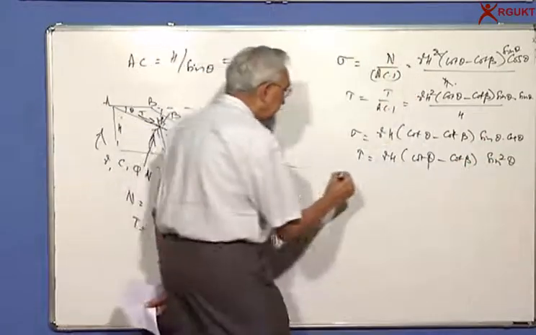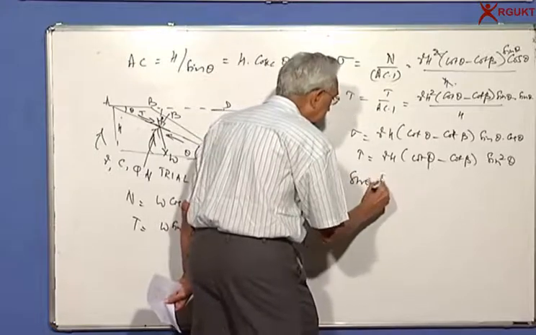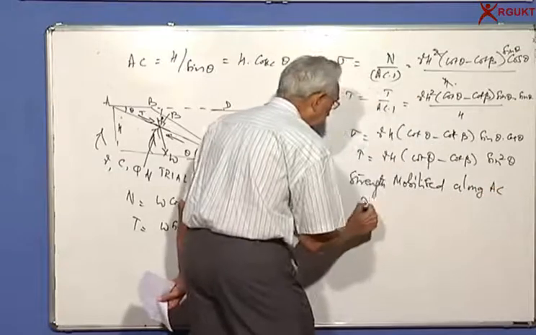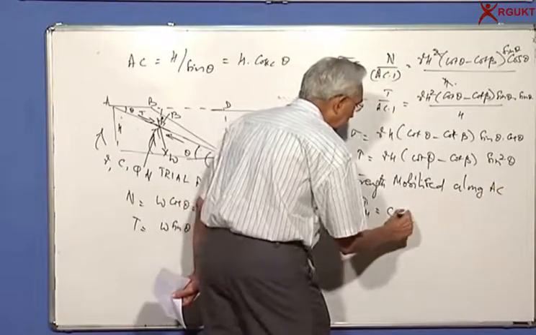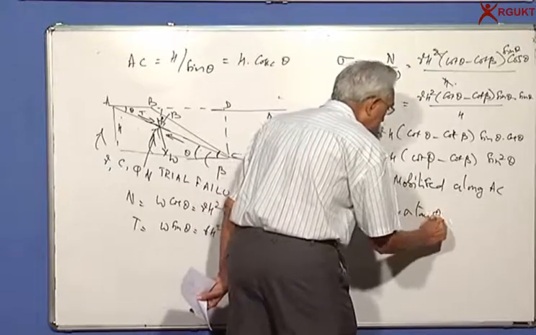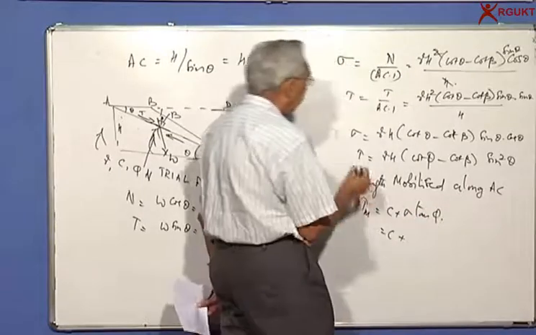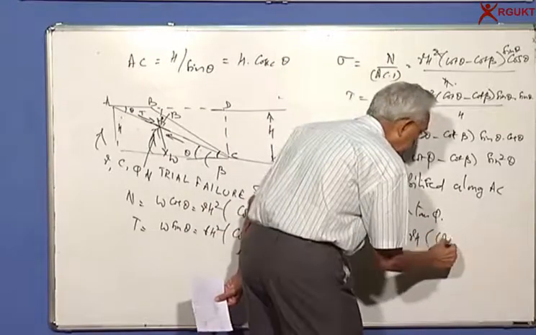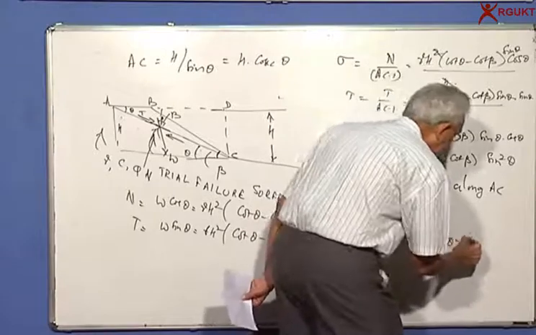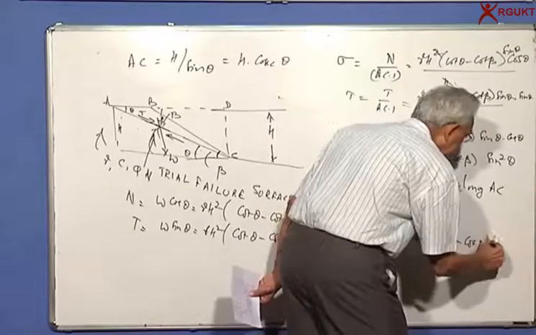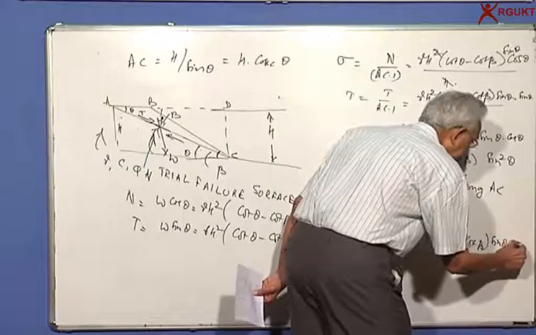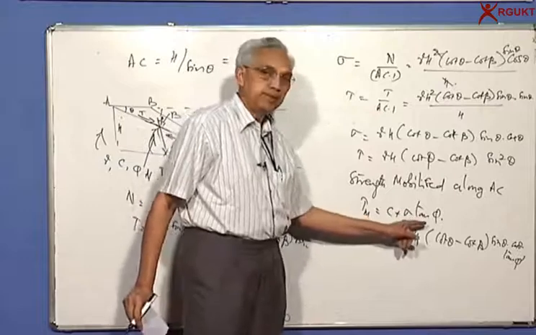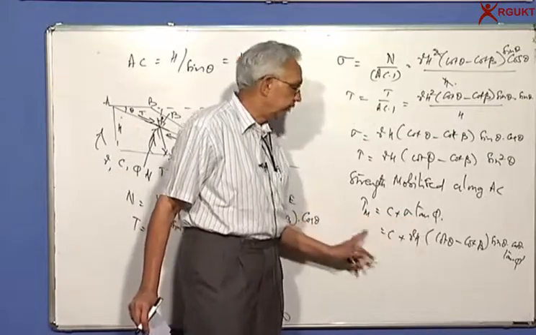What will be the strength mobilized along AC? Tau mobilized is equal to C plus sigma tan phi. So C plus sigma, from here gamma h cot theta minus cot beta sine theta cos theta into tan phi. Simply substitute with the tan of the angle of shearing resistance, and you will get the mobilized strength.